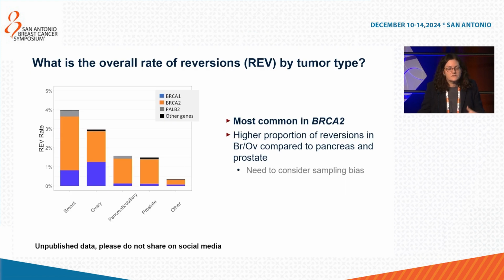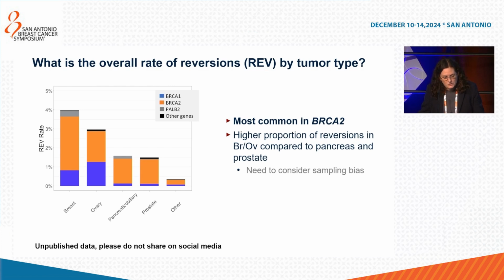I think it's really important to note that when you look at the overall rate of reversions by tumor type, meaning on the y-axis, 4% of the tumors with these mutations have reversions, then those other tumors fall out, and really what you're seeing is reversions in canonical tumors. And what you see clearly is that reversions are most common in BRCA2.